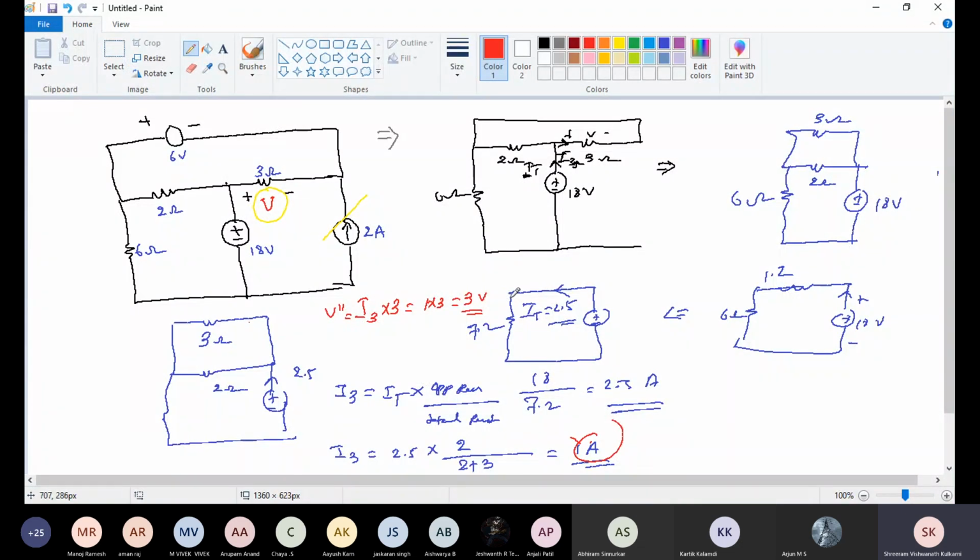Now we need to calculate the voltage drop across the 3 ohm resistance by considering only the 2 ampere source.